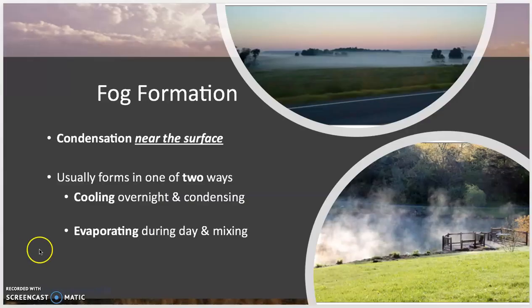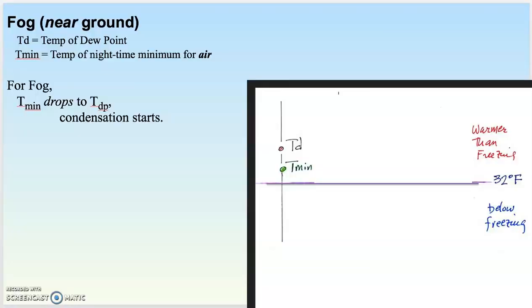Again, this is something that's probably going to happen overnight, with the condensation happening toward the morning as the atmosphere really cools down and meets the dew point. In other words, you have air, not objects this time.